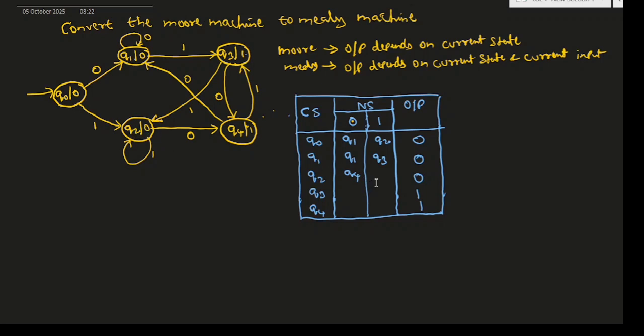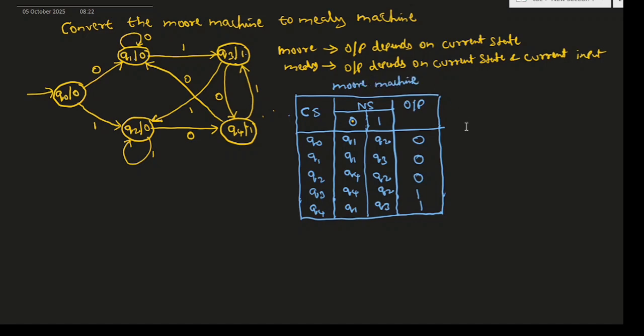When 1 is applied, it comes to Q2 itself. In Q3, when 0 is applied, it goes to Q4, and when 1 is applied, it goes to Q2. In Q4, when 0 is applied, it goes to Q1, and when 1 is applied, it goes to Q3. So this is called a transition table, and it is meant for the Moore machine.